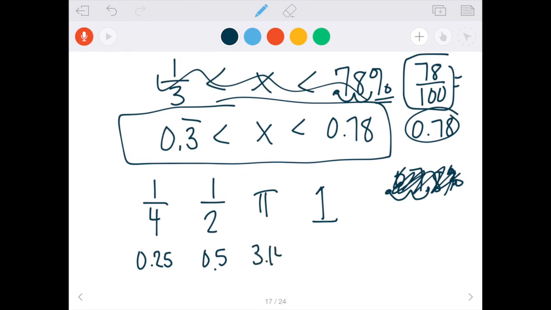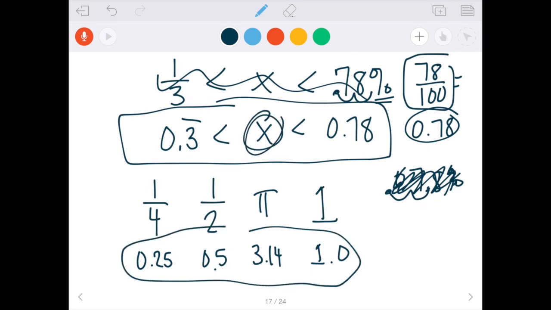Pi, just use 3.14. 1 would be 1.0. And then which one of these is in between 0.3 repeating and 0.78? Well, that would be this one right here, 0.5. All right. So if you see a problem that has multiple representations, fractions, decimals, percent, square roots, whatever, change everything to a decimal first and be real careful doing that, and then you can choose your numbers, okay?